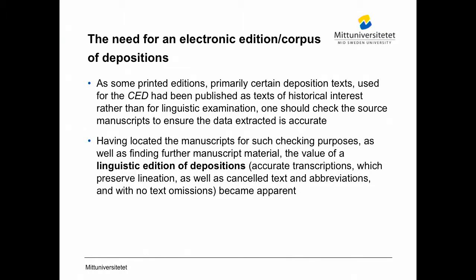And as the compilers of the CED, we actually located the manuscripts so they could be checked. And we've written all the information in the guide about how to find these texts. And we also found other manuscript material.